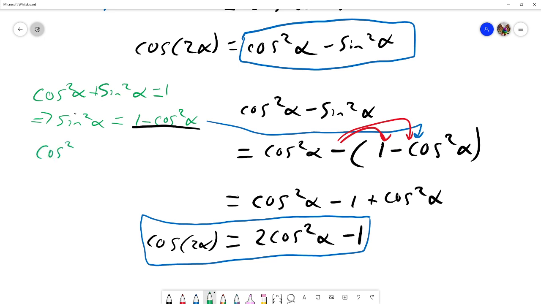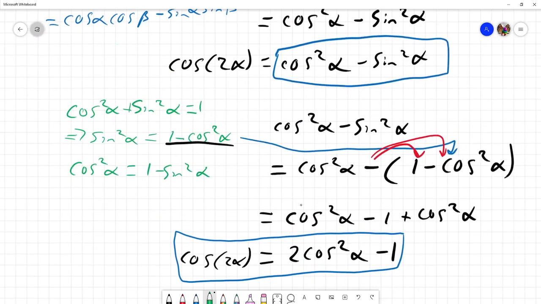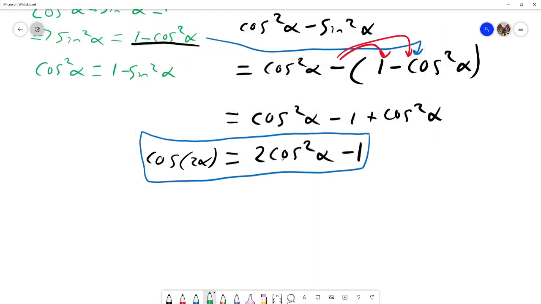So we got cosine squared alpha is equal to 1 minus sine squared alpha. And we could use that either here where we substituted that sine squared, but instead now just substituting the cosine squared out. Or we could actually just use this identity down here, right? It doesn't really matter. We'll just use the one on the bottom.